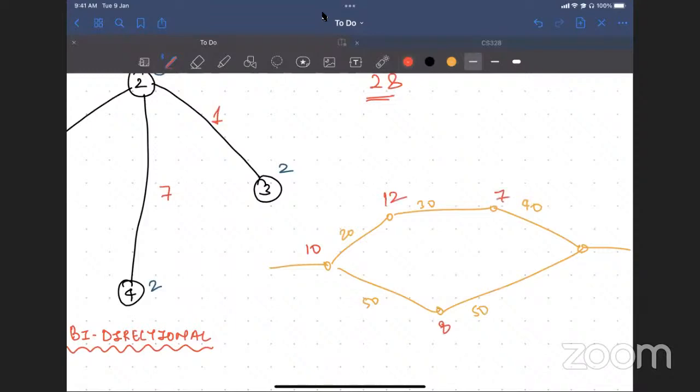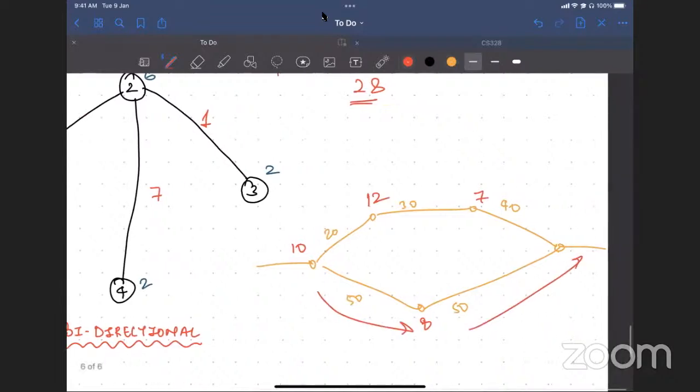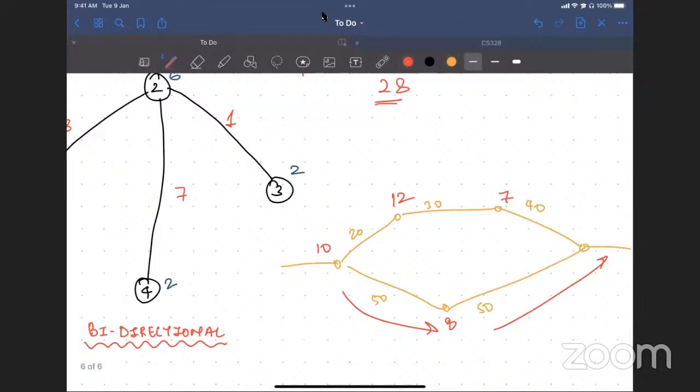Right? So if we do DFS, initially the intuition would be to go to the minimum side. So we check the node weights of both sides, and the minimum weight is 8. So we first go to 8 from 10. So 10 into 50 is 500, and then 8 into 50 is 400, right? So 500 plus 400, 900.